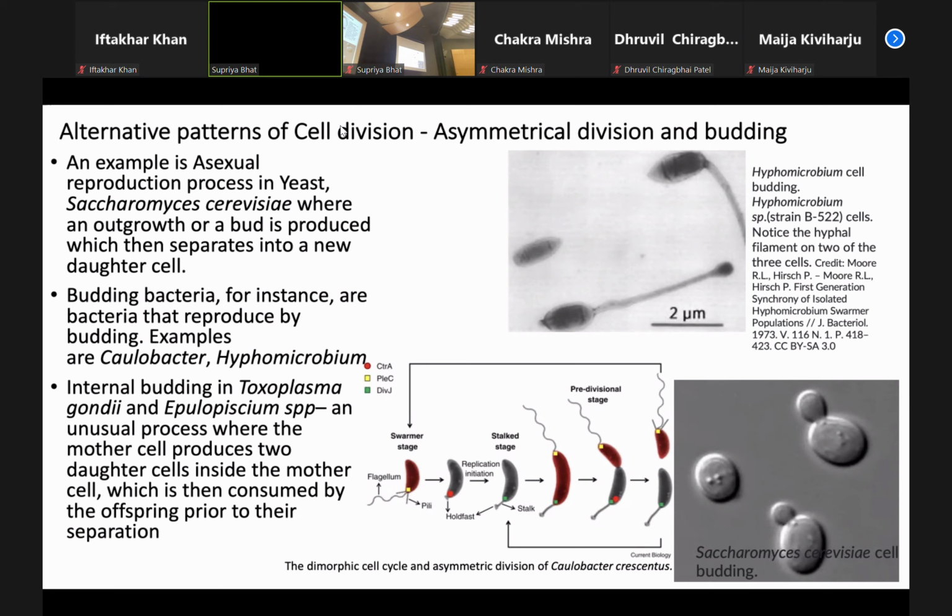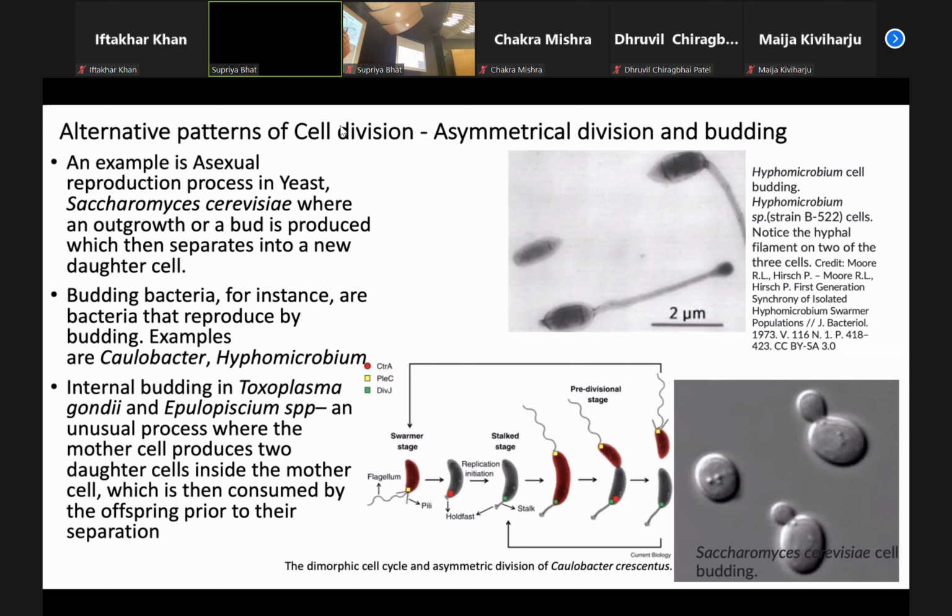When we talk about budding, the most well-studied example is Saccharomyces cerevisiae, the common yeast. In budding, I'll talk about asymmetric division after I talk about budding. You probably know there's usually the parent cell, which in the case of yeast is circular.